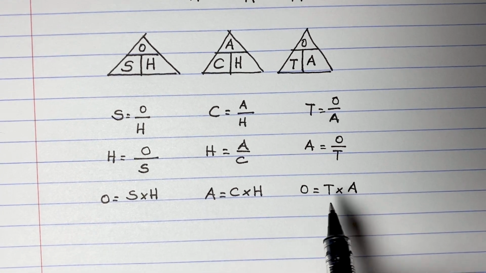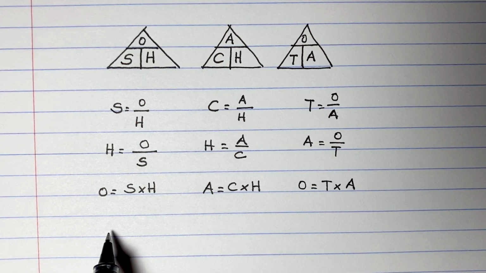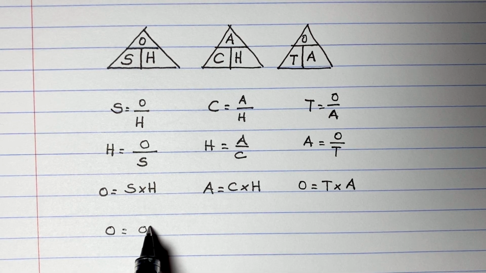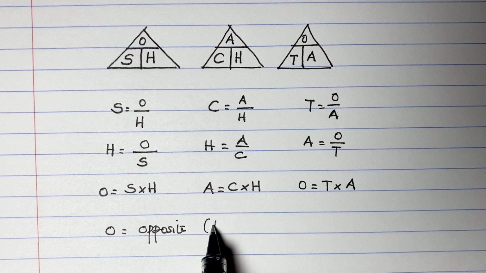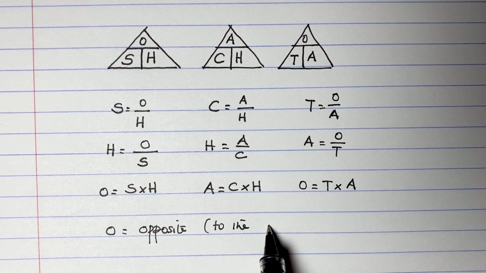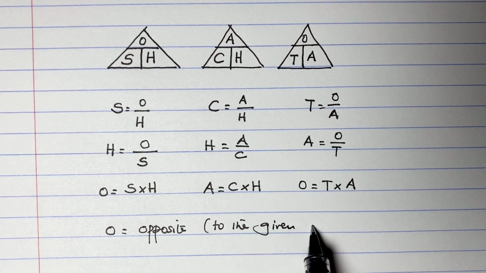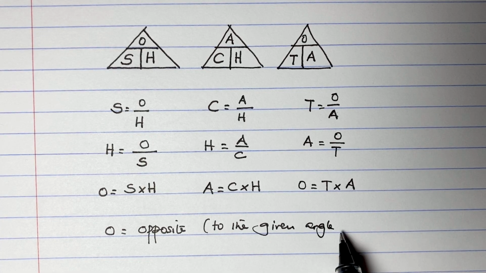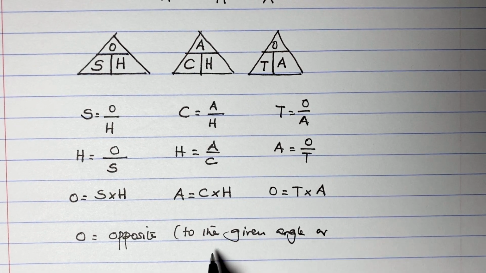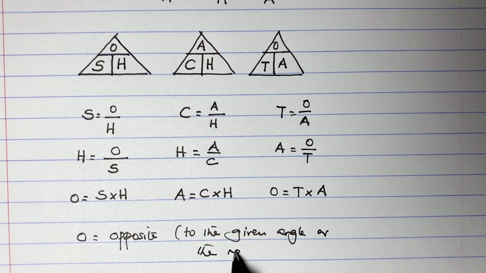So let me remind you again what these letters mean. O is opposite, opposite to the given angle or the required angle.